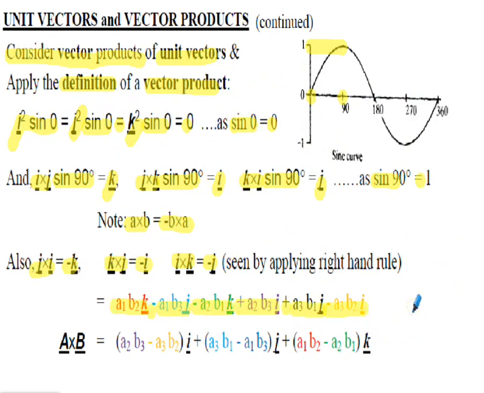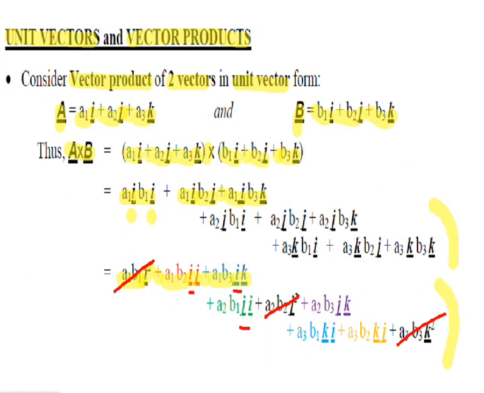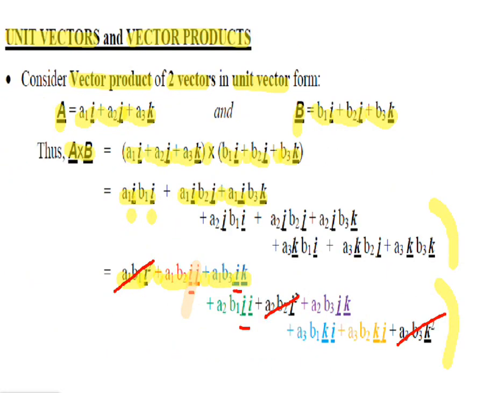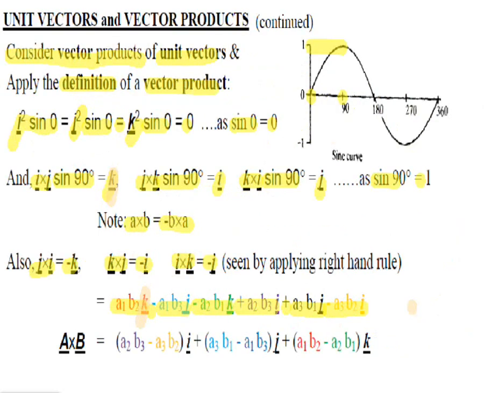So to find how we obtain this line here, let's go back to the previous slide. We take this term here, the a1 b2 multiplied by the i cross j. Now the i cross j vector from our unit vectors is given the value of k. So we simply replace the ij with the k here. If I take the next term, this was an i cross k term, so we will now look for ik.